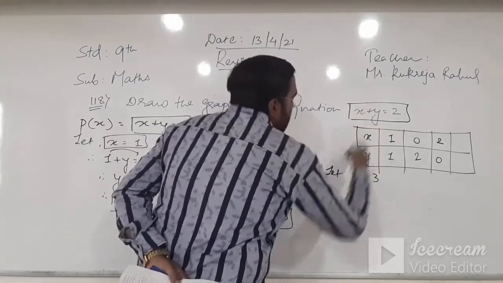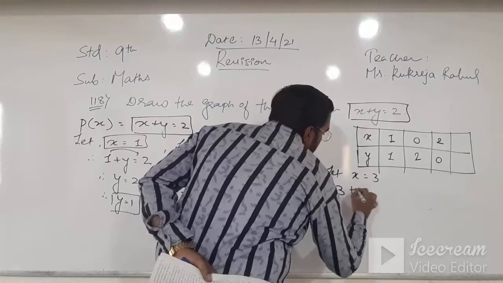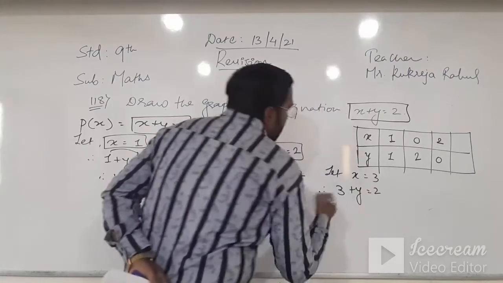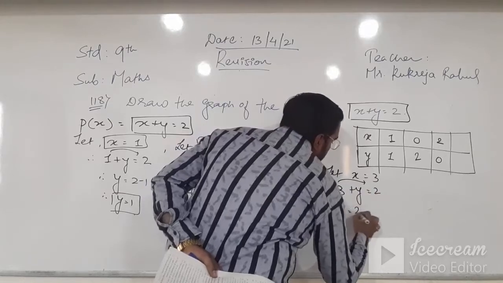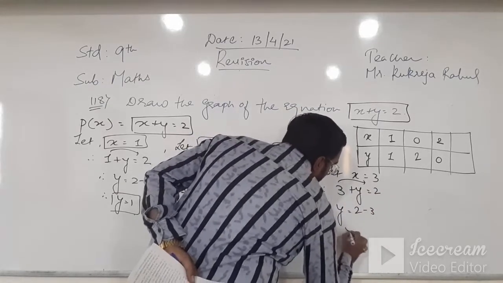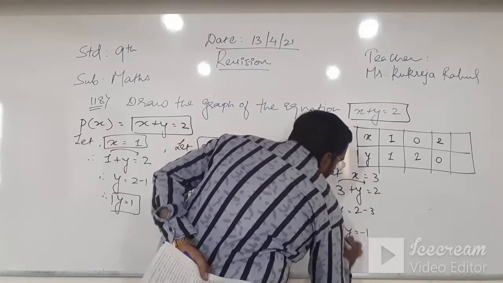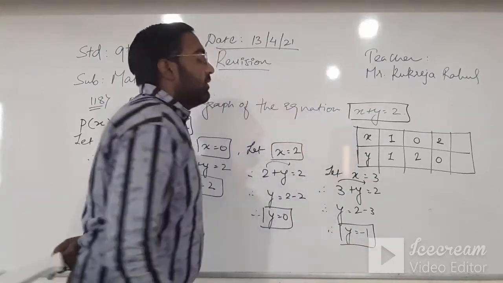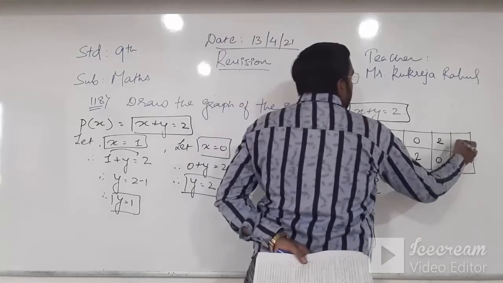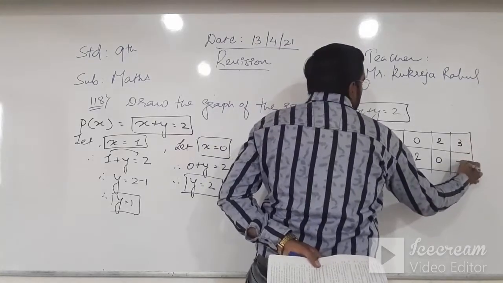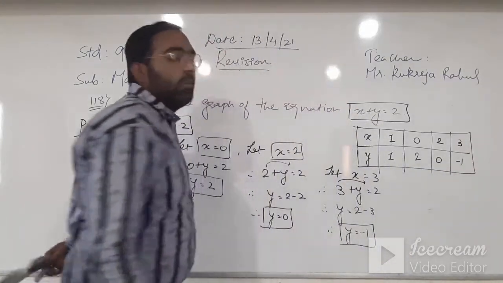Therefore x plus y is equal to 2, so 3 plus y is equal to 2. The 3 is shifted to the other side: 2 minus 3. So the value of y is minus 1. Clear? When x is 3, the value of y is minus 1. Clear?